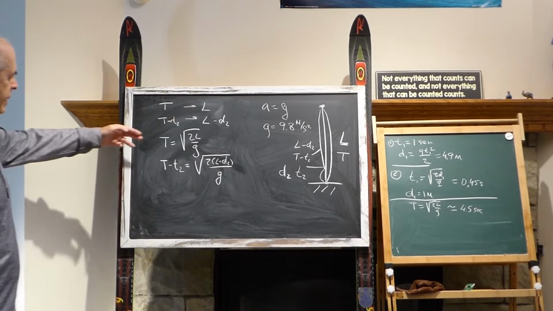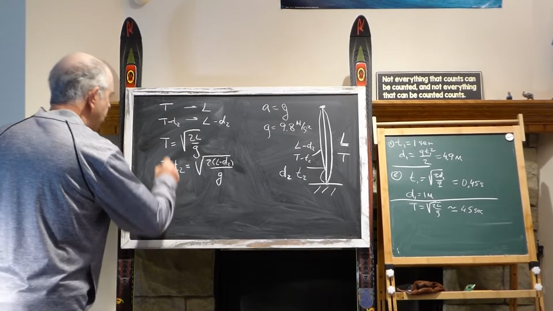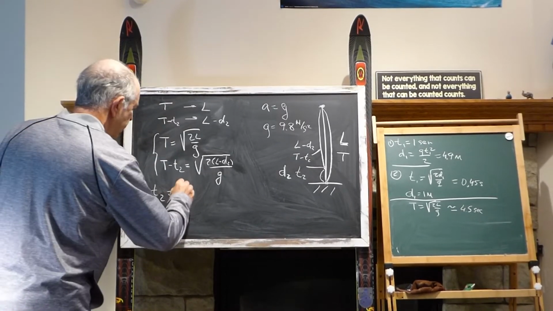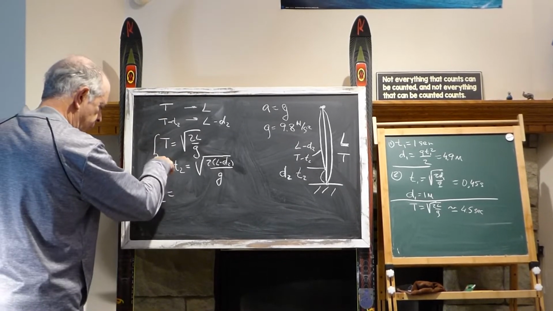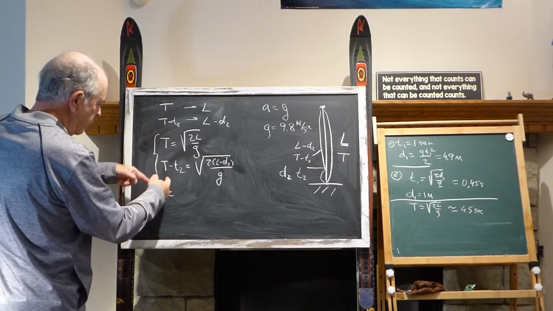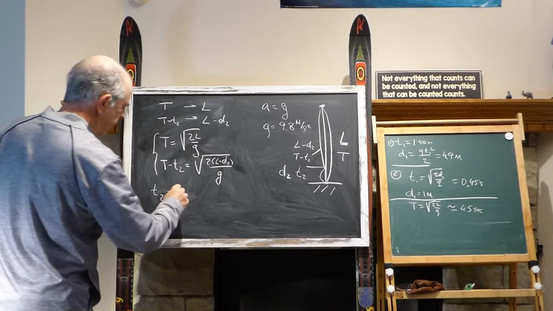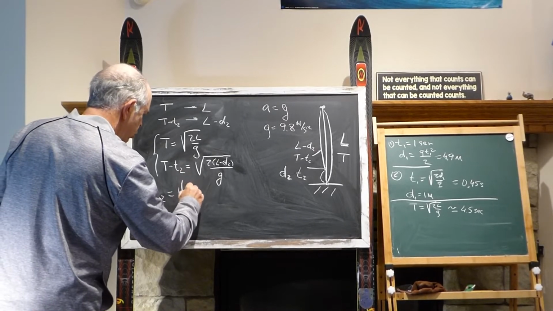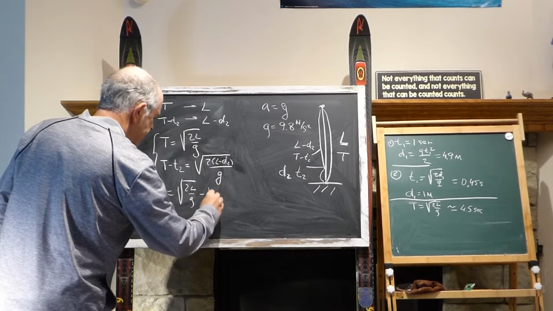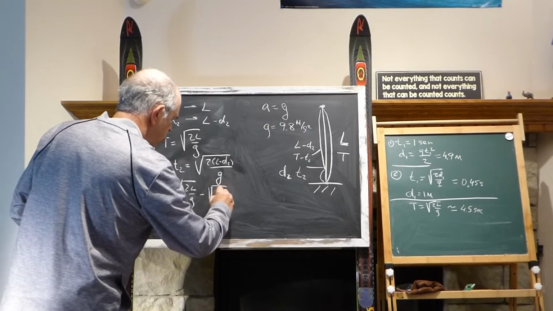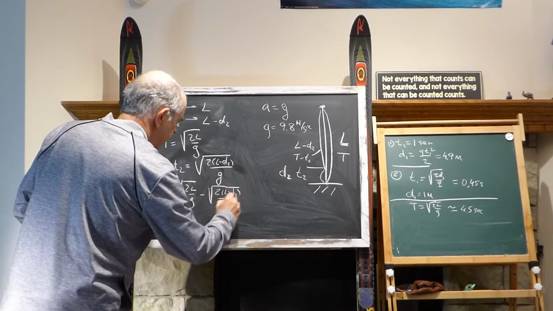And of course, if I subtract from here, I will immediately receive that t2 equals, I subtract this and this, so T will be gone, t2 will change the sign, so that's the only thing that would be left here: square root of 2L over g minus square root of 2 times L minus d2 divided by g.